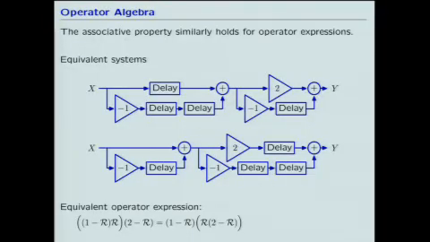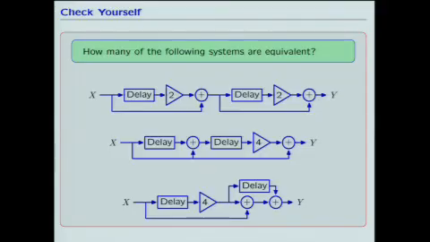And here's a more complicated example that shows associativity. You can think through that. Same idea. The big important point is that difference equations are a good representation for discrete time systems. They're mathematically compact. Block diagrams are a good representation, but they have more information.